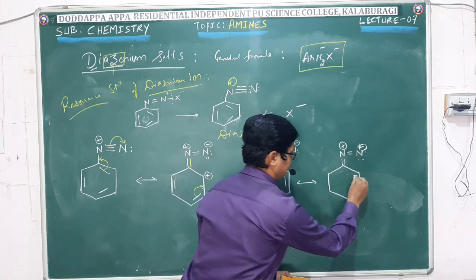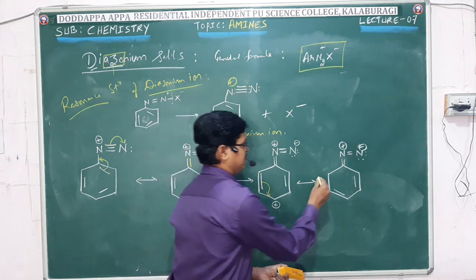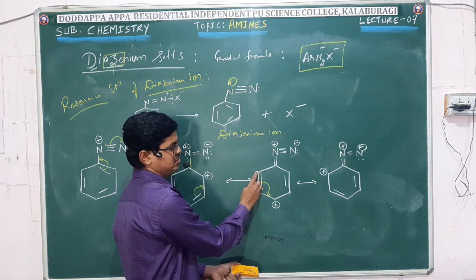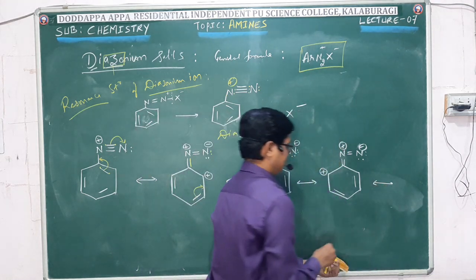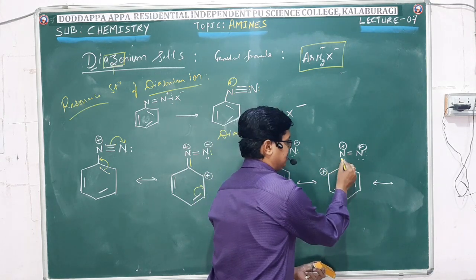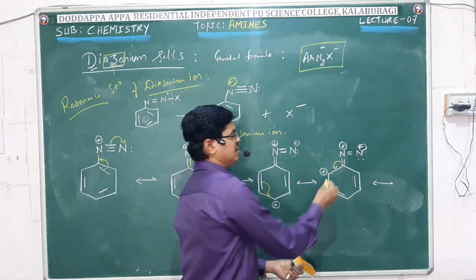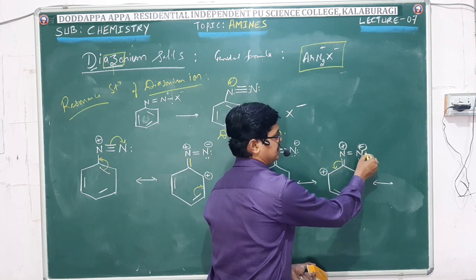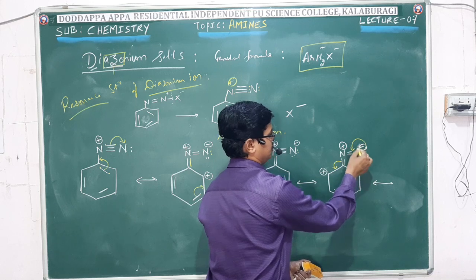This is as it is. This bond shifts here, and now this becomes a positive charge when these electrons shift. To satisfy this carbocation, this pair of electrons shifts here. When this pair shifts, in order to satisfy nitrogen, the electrons there are shifted here.